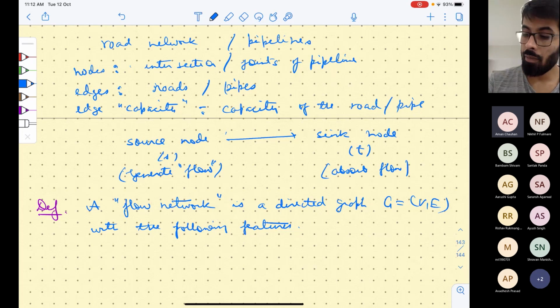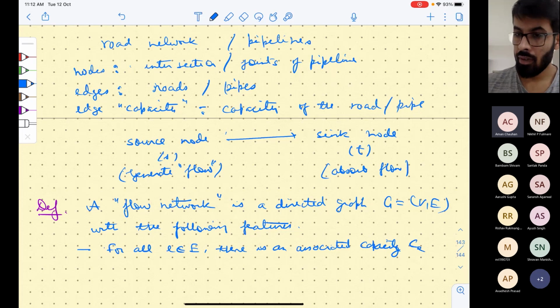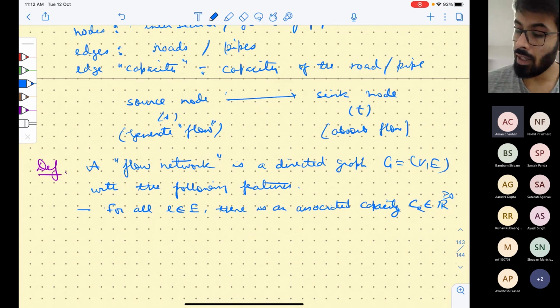What do we have? First, with each edge there is an associated capacity CE. And this is, let's say, non-negative, right?